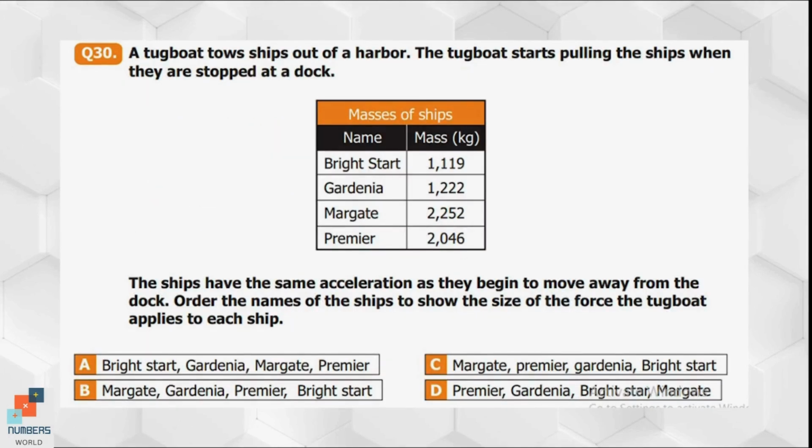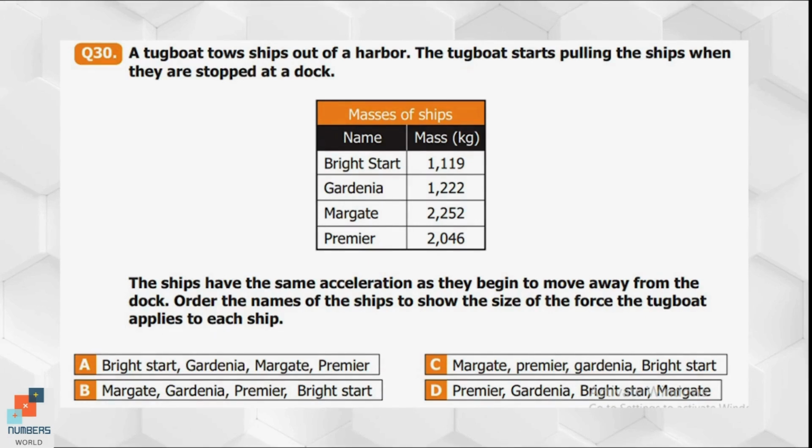Question number 30. A tugboat tows ships out of a harbor. The tugboat starts pulling the ships when they are stopped at a dock. So masses of ships are given in the table. The ships have the same acceleration as they begin to move away from the dock. Order the names of the ships to show the size of the force the tugboat applies to each ship.